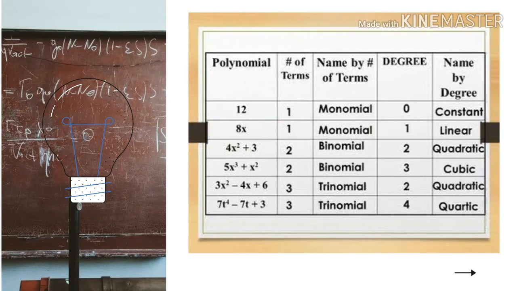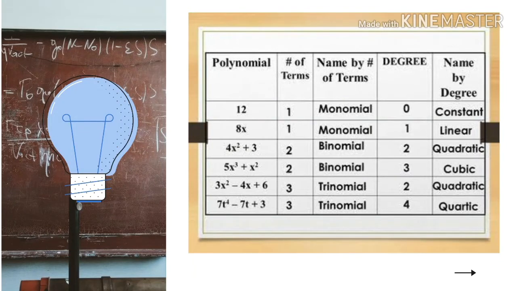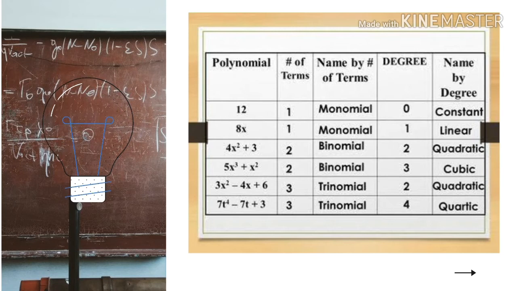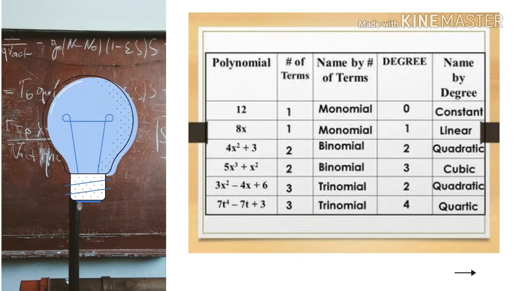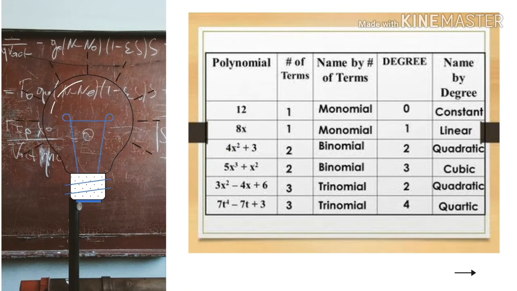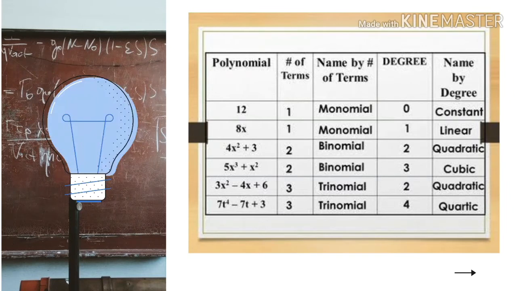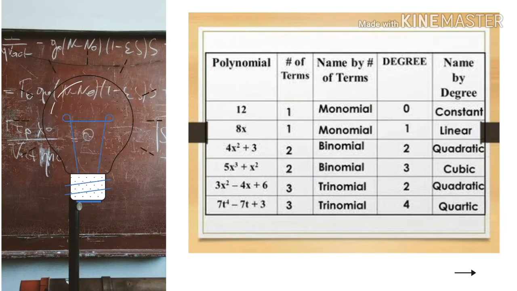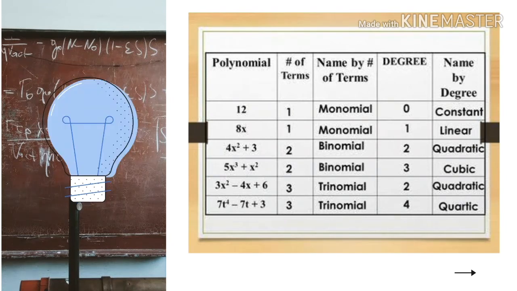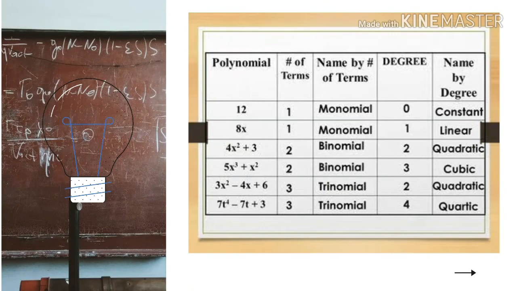There are two terms, 5x³ and x², therefore the name of the term is binomial. Since the highest degree of both the terms is 3, the name of that degree is cubic. Similarly, students, you can go through the remaining two examples to understand their names of terms and names of the degrees.